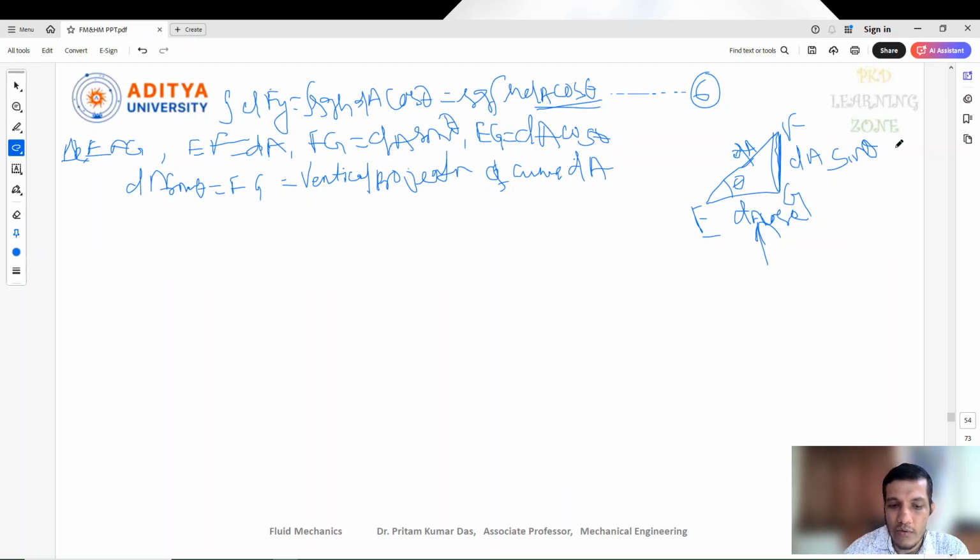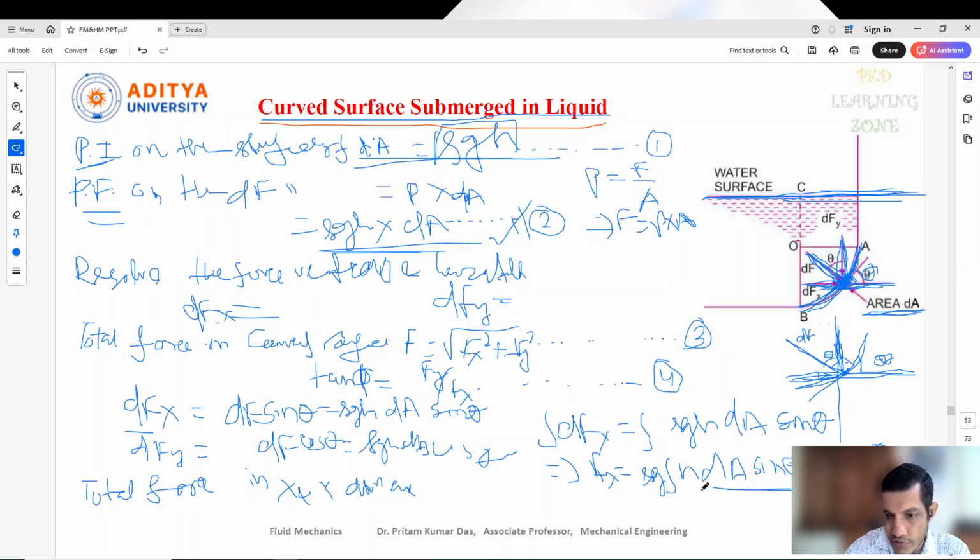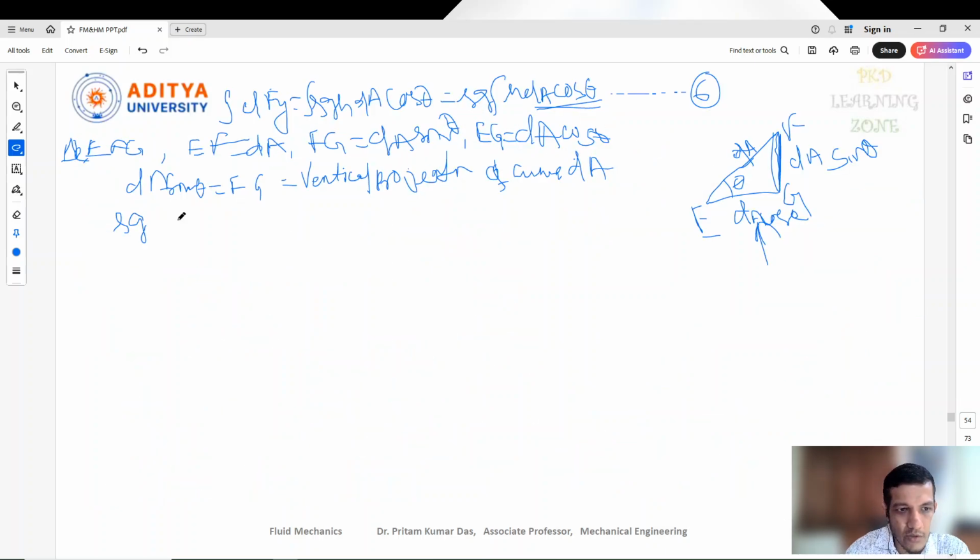So the expression we got previously is rho g h dA sine theta.